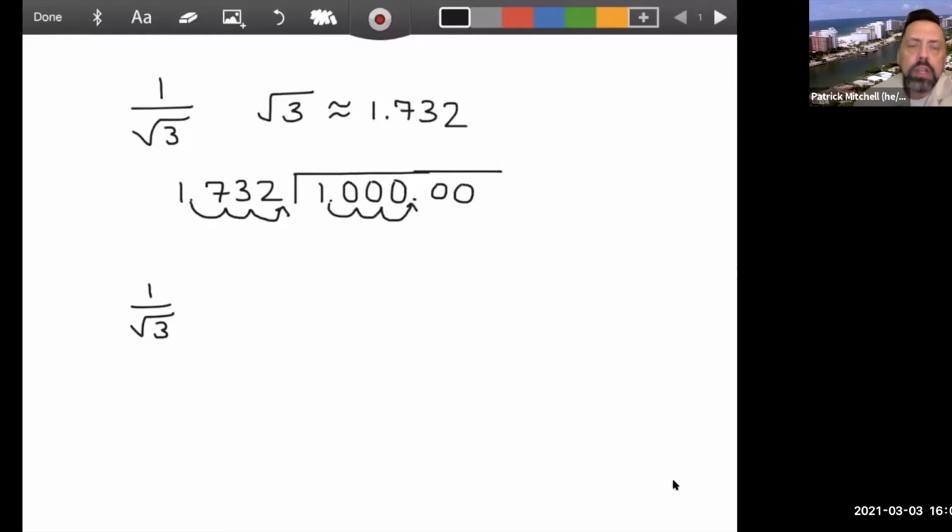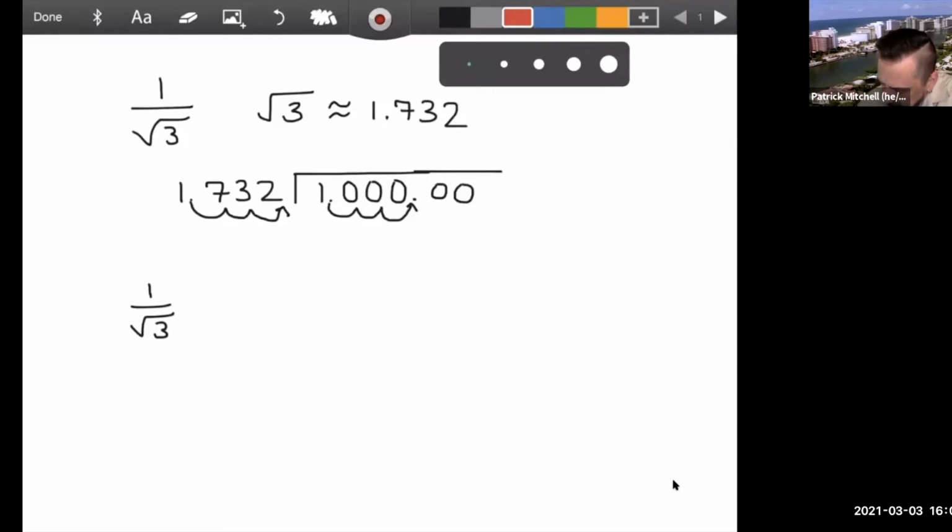It's a big pain. So one day, some very clever person figured out that if I could rewrite this expression so that the denominator is a whole number, then that long division would be a lot easier. And the way you do that, if the denominator is just a single square root, is very easy.